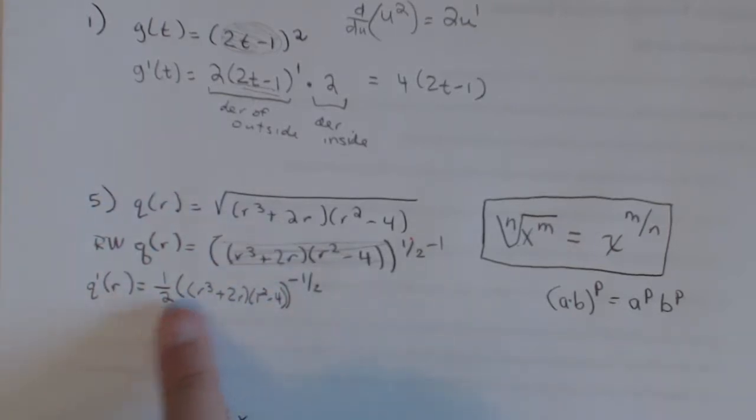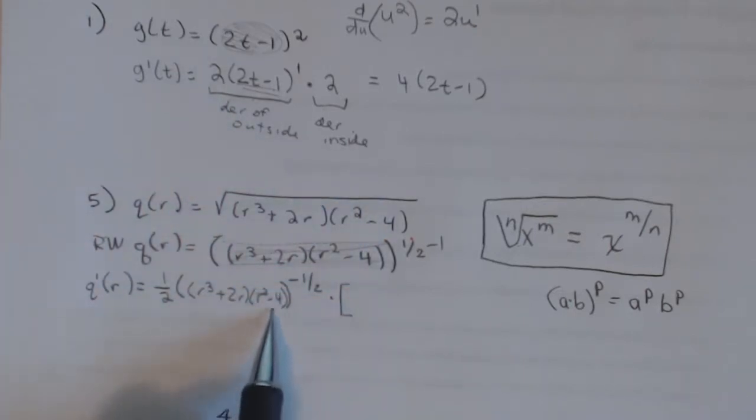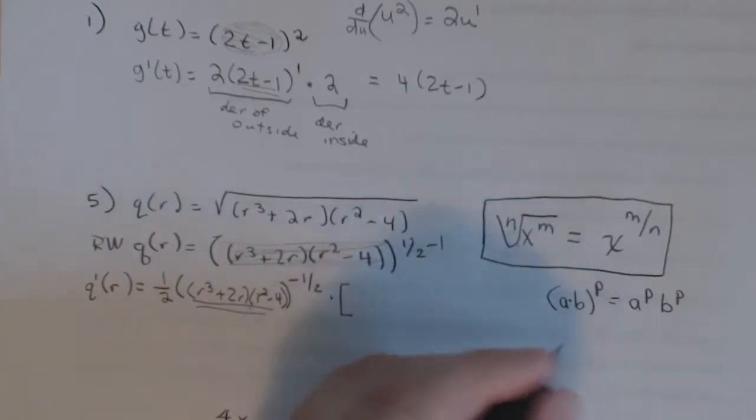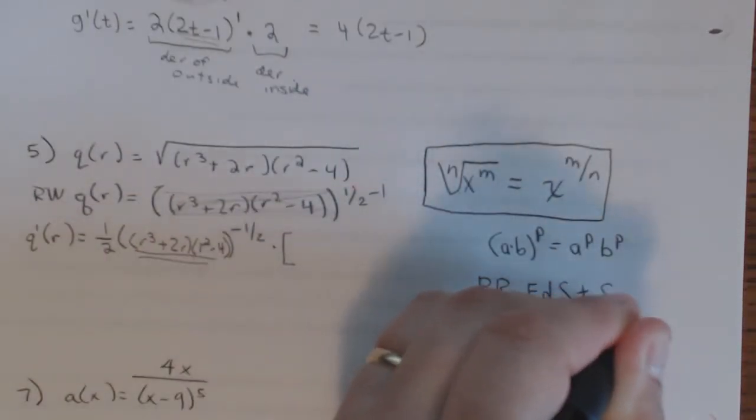Okay, so 1/2 times that inside unchanged to the negative 1/2, that's only half of it, times the derivative of the inside. Now, the inside is a product, so you have to use the product rule right here. And so the product rule is first times derivative of the second plus second times the derivative of the first.